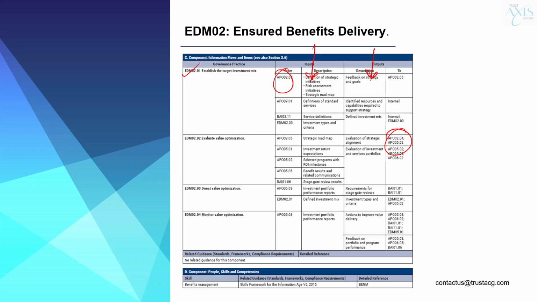So the first practice was around the establishment of the target investment mix, where the goal is to define a balanced and strategic mix of IT-enabled investments that align with the business priorities. So here the input will be coming in from several processes.